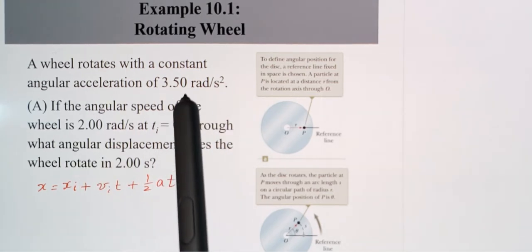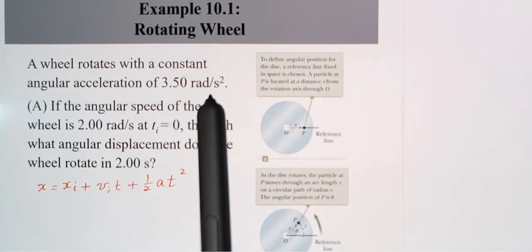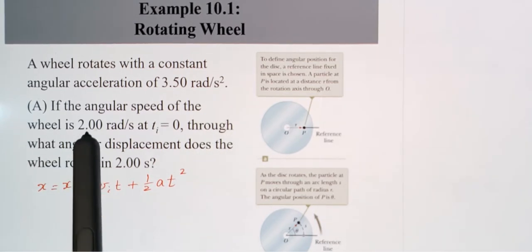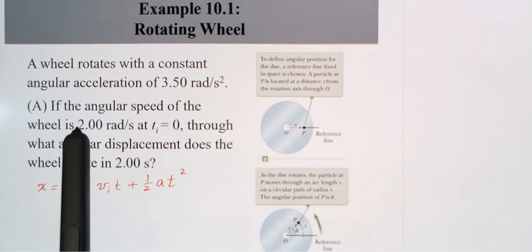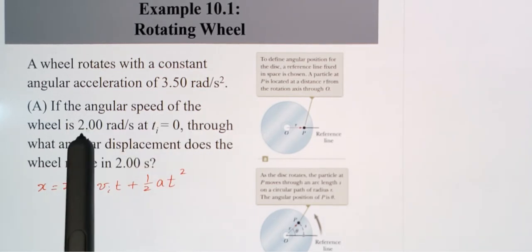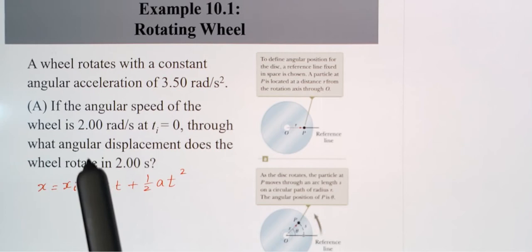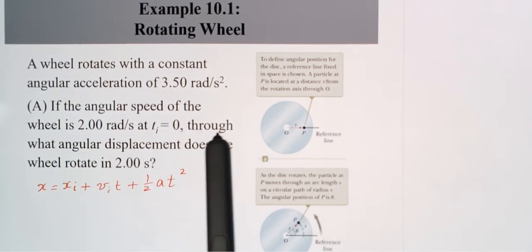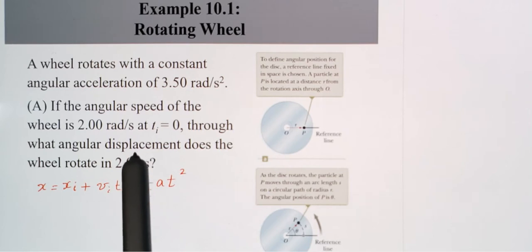Before, now it's radians per second squared. And if the angular speed of the wheel, so if the speed of the object, is 2 meters per second at t equals 0, through what angular displacement? Before, he would ask you for linear displacement in 2 seconds. So very easy, very straightforward. You need just to transfer your knowledge from linear to angular based on the first simple relation.